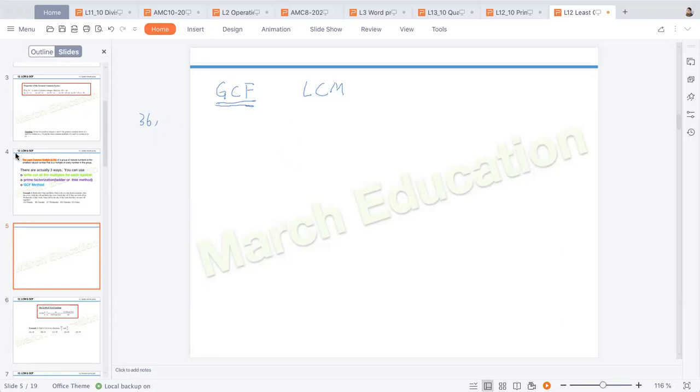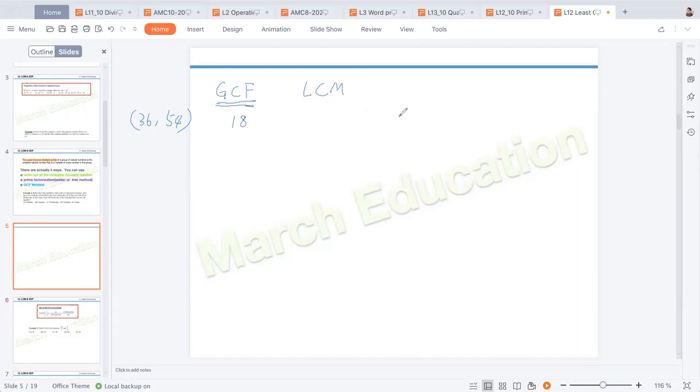Just now, 36 and 54. Just now I gave you this example, right? The GCF of them is 18. It's 18. This is the example from just now. But what's the LCM? I can use this method.